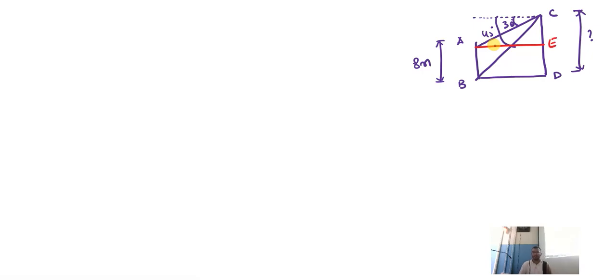I have given it the name AE. Now, when we know this angle is 30, then this angle is also 30 degrees. So let me draw one picture. This angle is 30. When this total angle is 45, then this total angle is also 45.